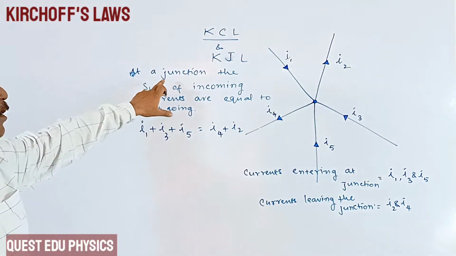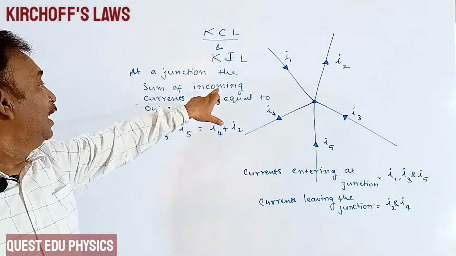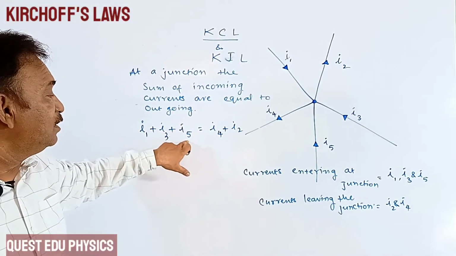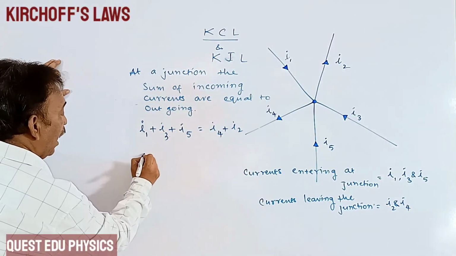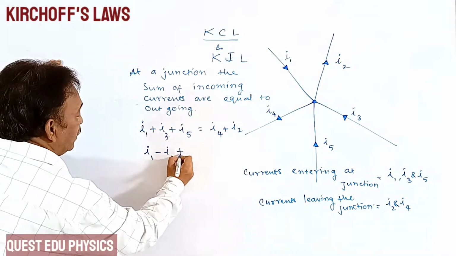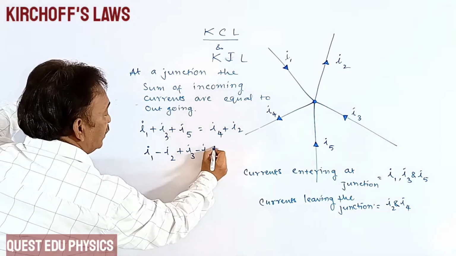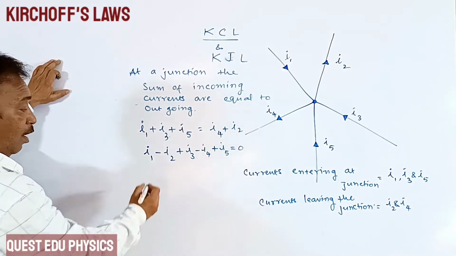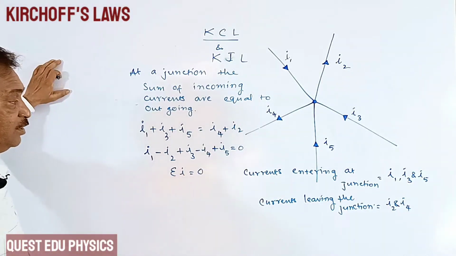According to the statement, at a junction, the sum of the incoming currents is equal to the outgoing current. Or you can write it as I1 minus I2 plus I3 minus I4 plus I5 is equal to 0. Or it can be written as sigma I is equal to 0 at a junction.